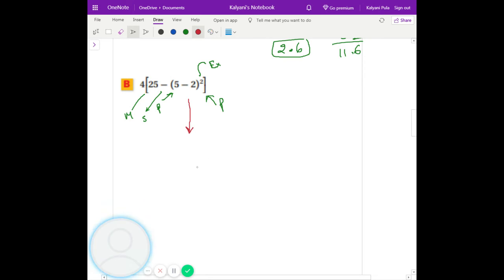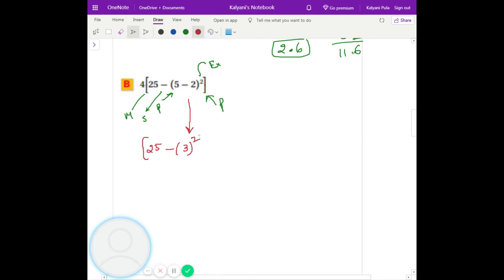I'm going to do the inside parenthesis first. Please pay attention, then I'll give you some time to copy it. That way you don't miss what's important in this one. So it's 5 minus 2. That's what we're going to do first. So that's inside the parenthesis. So I'm going to get 3 squared, and then I'm going to write the rest of them just for now.